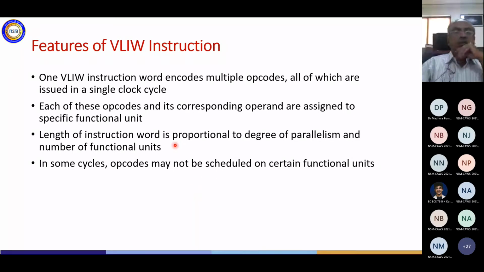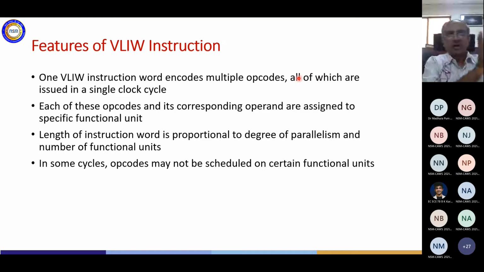So to elaborate it further, let's look at the VLIW instruction word. You take one instruction word, it encodes multiple opcodes, all of which are issued together. If you compare it with the superscalar, a single stream was entering, and it was getting divided into execution units.